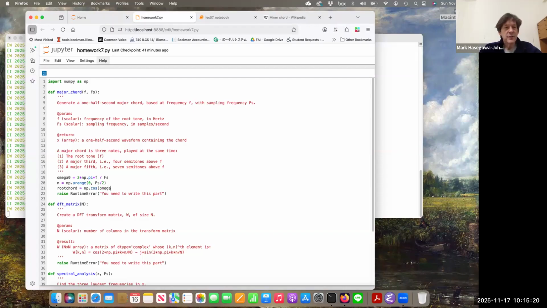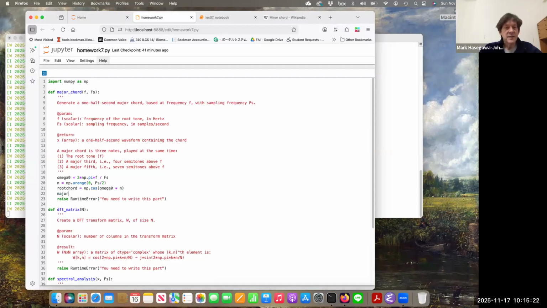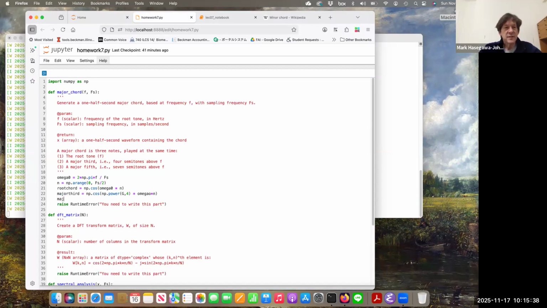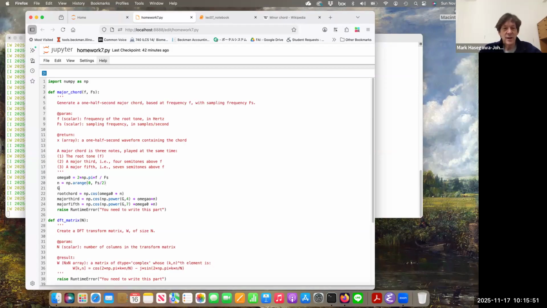And the major third is equal to the cosine of g to the fourth times omega naught times n. And the major fifth is the cosine of g to the seventh times omega naught times n, where g is the scaling thing that we need in order to get one semitone up.